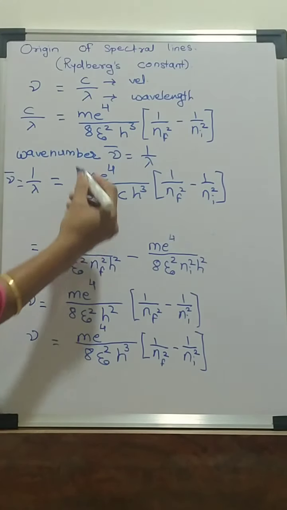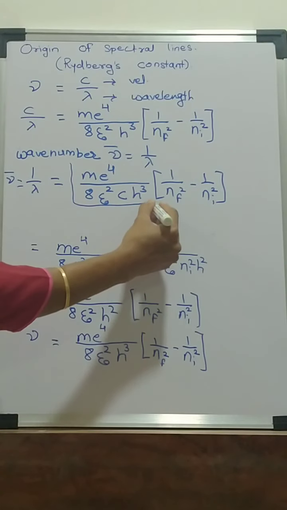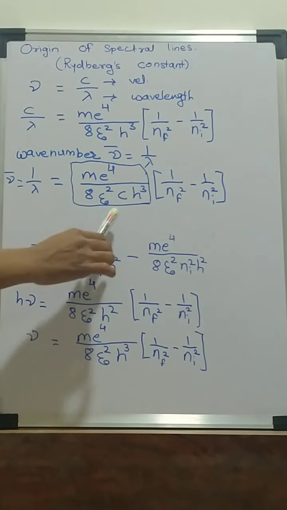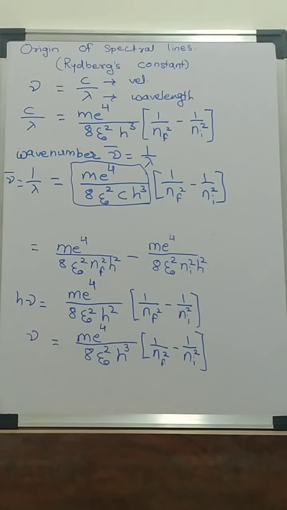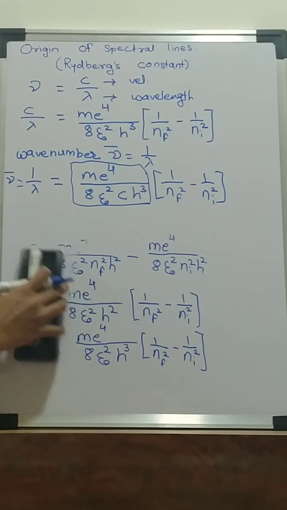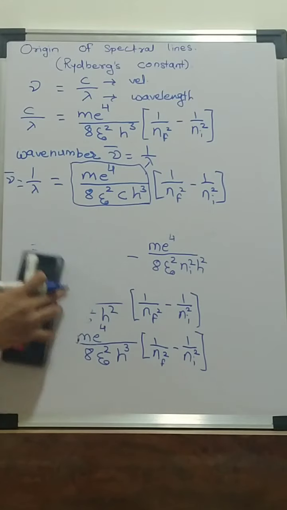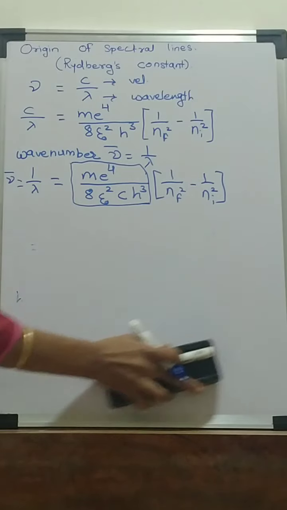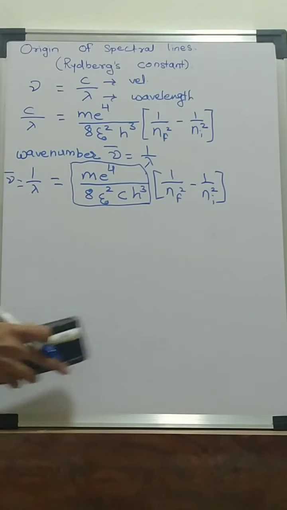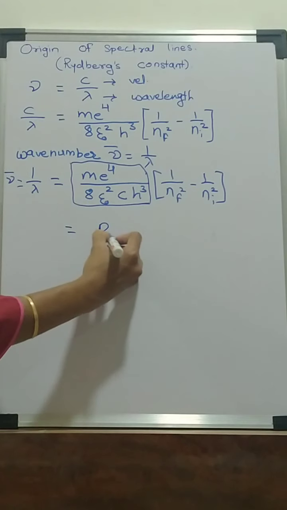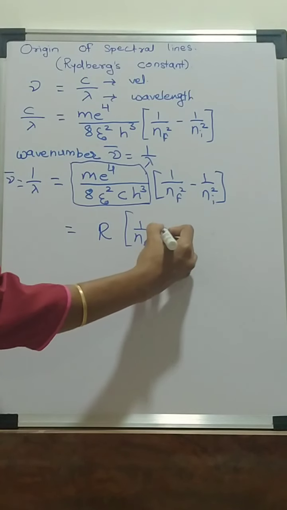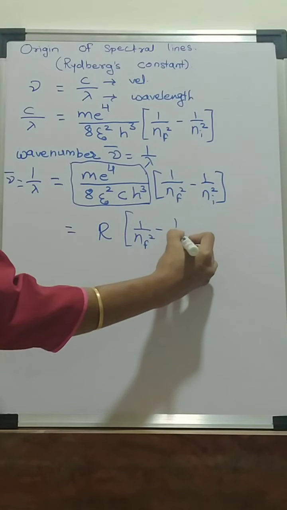Now this constant quantity: if we observe, m, e, epsilon naught, c, h, all these are constant values. We can replace this constant value by R, so the wave number is R bracket 1 upon nf square minus 1 upon ni square.